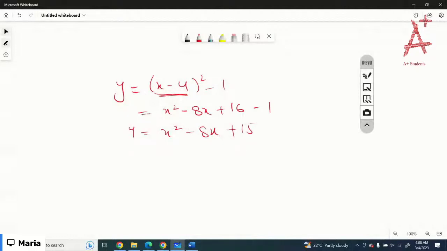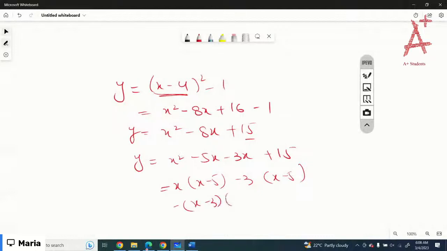So let's make the factors. For x square minus 8x plus 15, 5 times 3 is 15. So it would be x square minus 5x minus 3x plus 15, which is x times x minus 5 minus 3 times x minus 5. So the factors are x minus 3 and x minus 5.